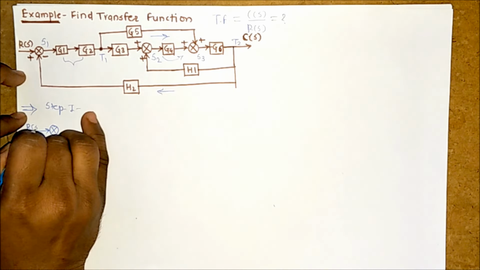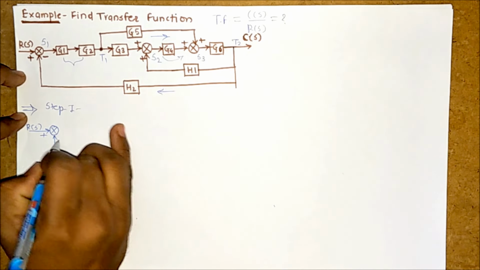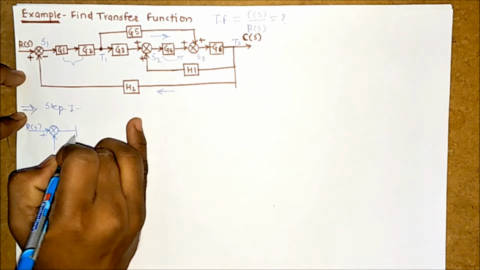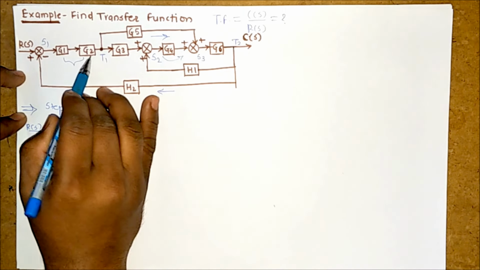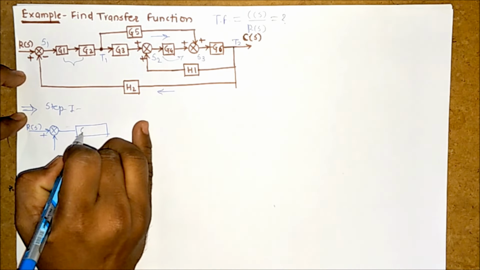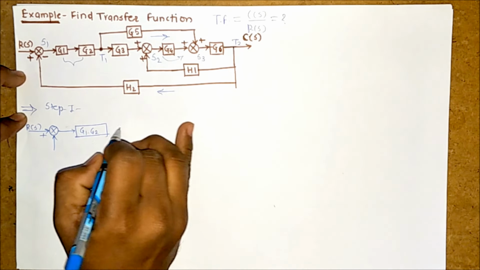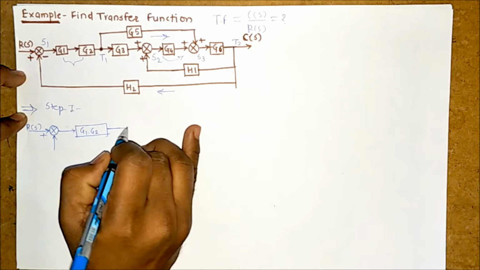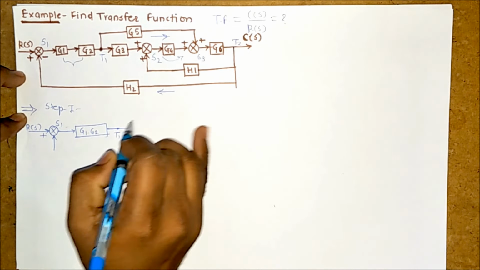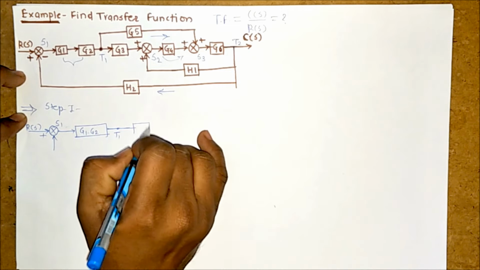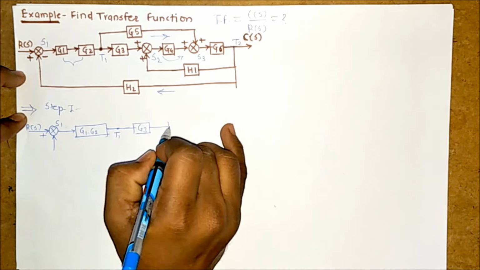This is input R(s) having positive signal. G1 and G2 in series connection, means we have to multiply G1 into G2. This is the summing point S1, this is takeoff point 1, G3 block as it is, G4 block.